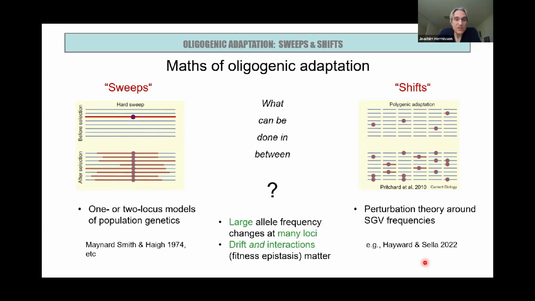Now, what can be done in between? It's the in-between where I think the largest problems are, and these problems arise because we do not have small shifts here, but we need to account for large allele frequency changes at many loci in parallel. So we can neither use perturbation theory on that side, nor can we do with one or two locus models.